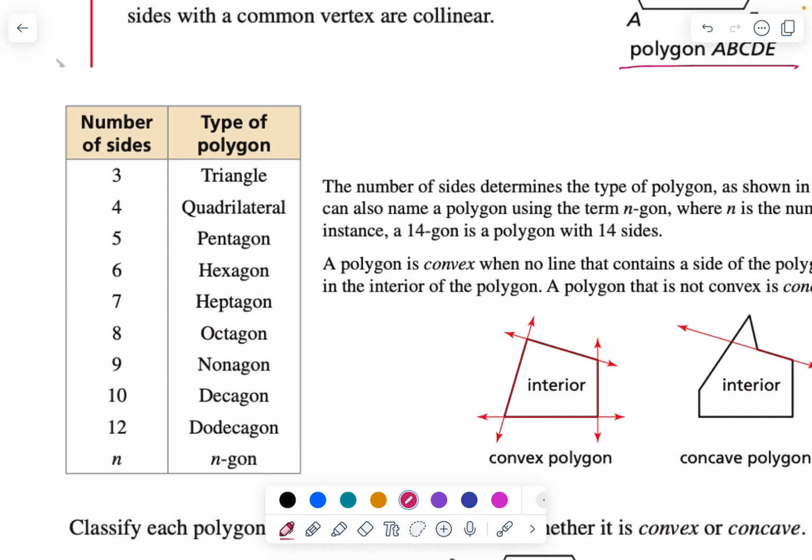Octagon, like an octopus, 8. Nonagon, 9. Decagon, 10, like a decade is 10 years, or a decathlon. And a dodecagon: do meaning 2, and deca meaning 10, 2 plus 10 is 12 sides. If it's anything else, like if it had 14 sides, we'd call it a 14-gon or a 28-gon or something like that.